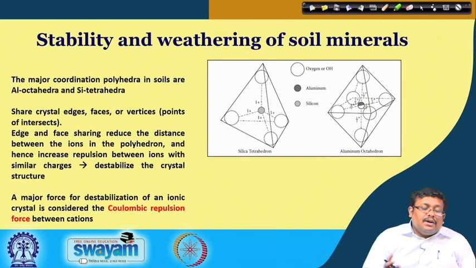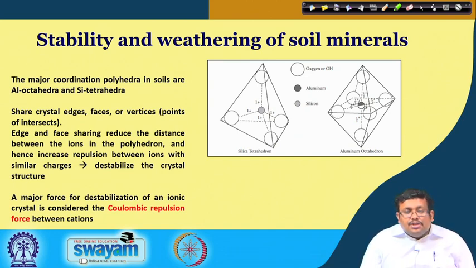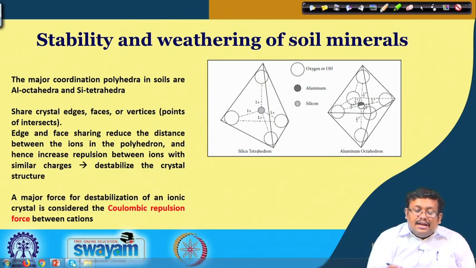So, let us see what are the major coordination polyhedra in soils. There are two major coordination polyhedra in the soil. One is called silica tetrahedra, another is called aluminum octahedra. In the subsequent classes you will learn in detail that these two are basically the building blocks of any soil.